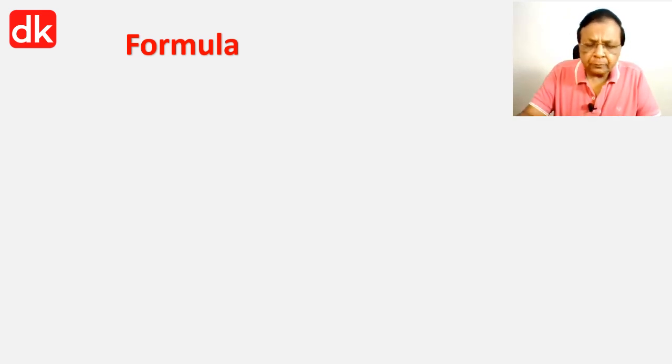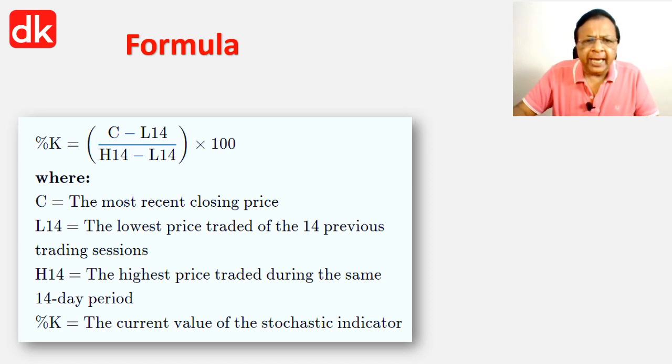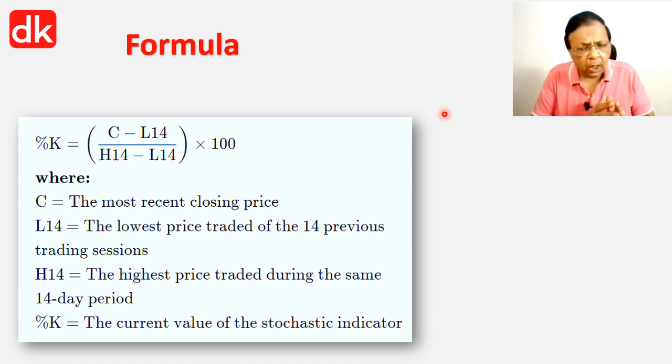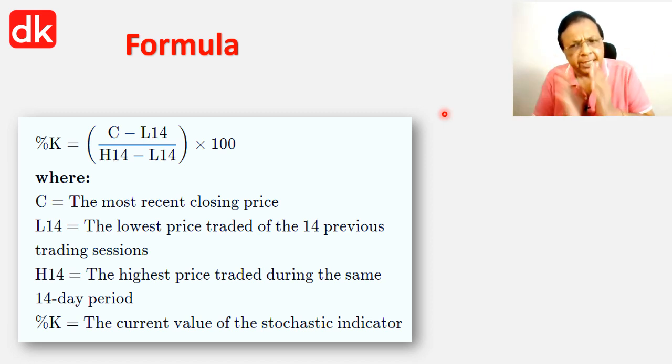So friends, percentage K as a formula, let me first explain to you the formula of percentage K, as we have just now understood that it is comparing the current price with the price range of a selected time period. That is, the default period is 14 days.